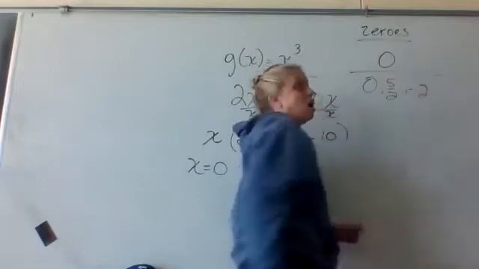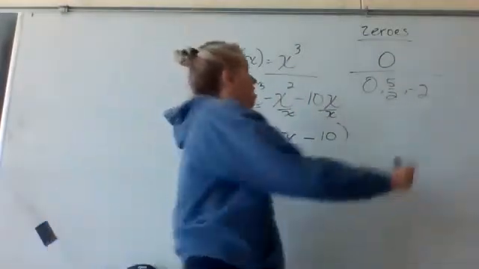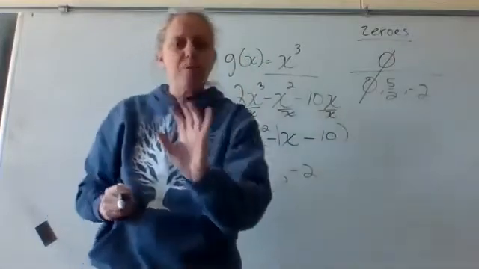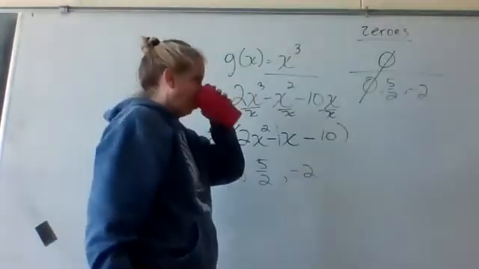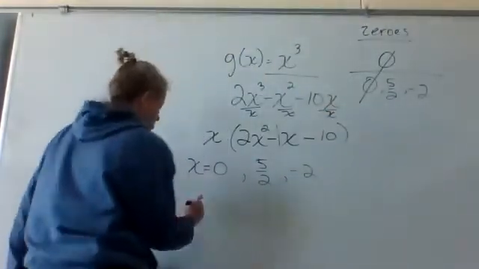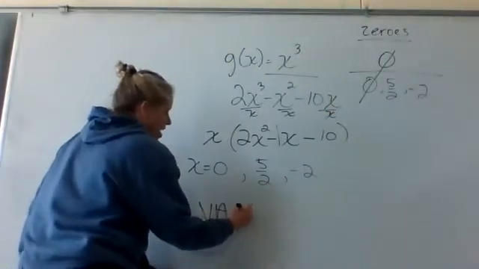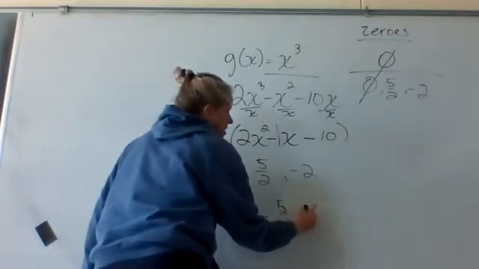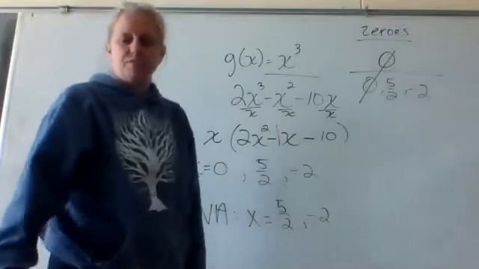So 0 is also a 0 of the numerator, which means it doesn't make a vertical asymptote because those cancel each other. So this actually only has the two vertical asymptotes. The vertical asymptotes are at x equals 5 halves and x equals negative 2.